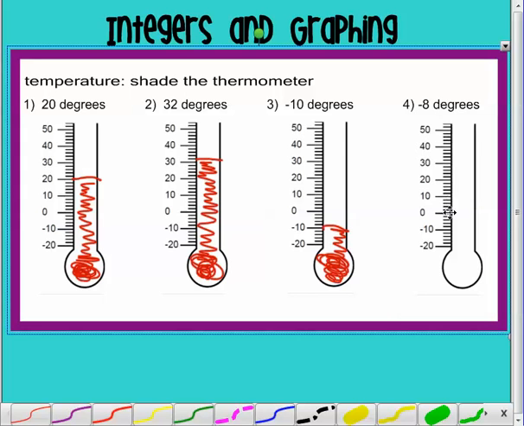So we're at 0, and negative means move below. We don't travel quite to that -10. Every line is 2 degrees, so -2, 4, 6, 8 is right here just above that -10 mark. And again, shade in everything below that mark.